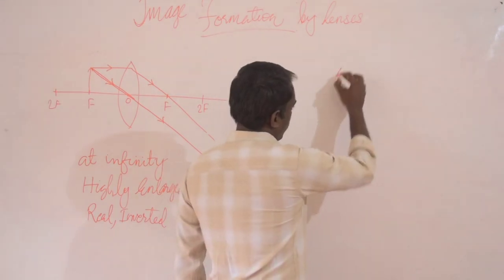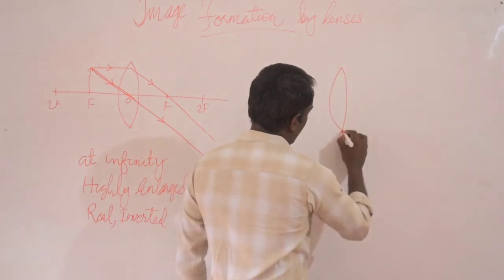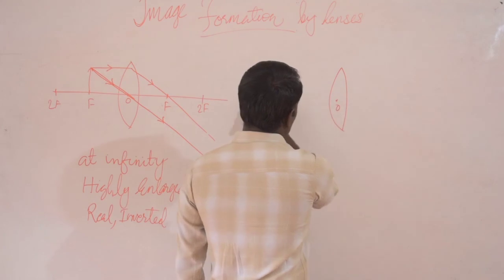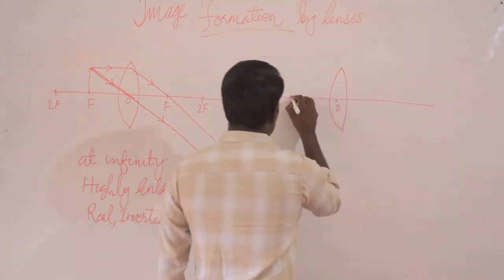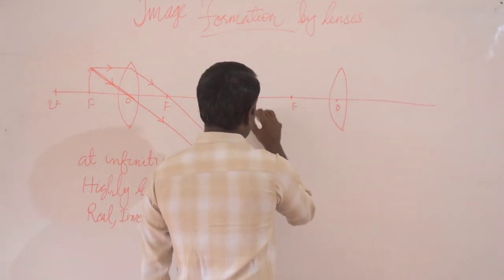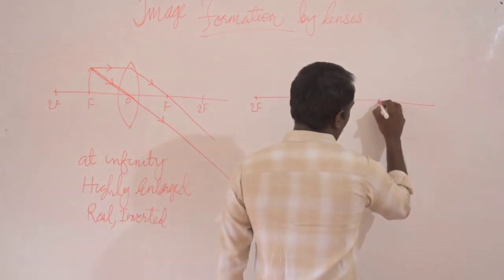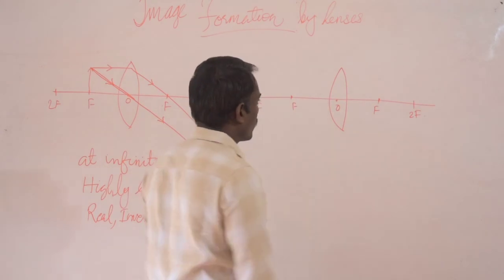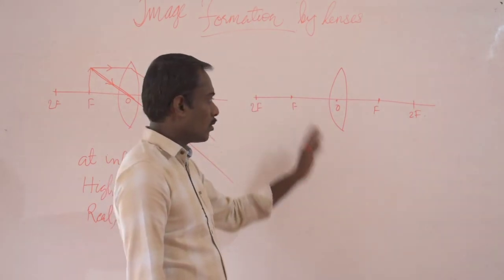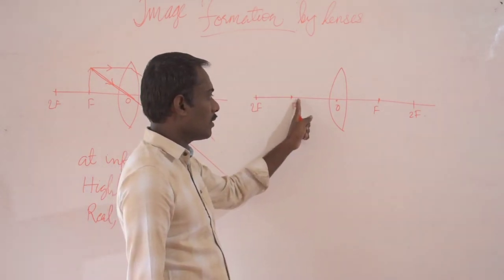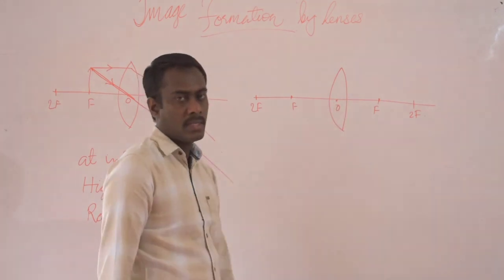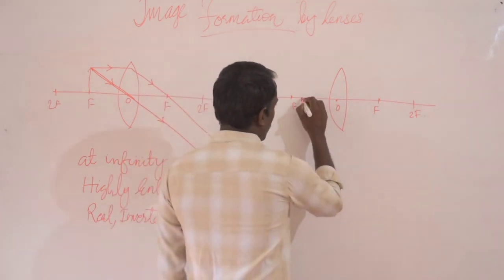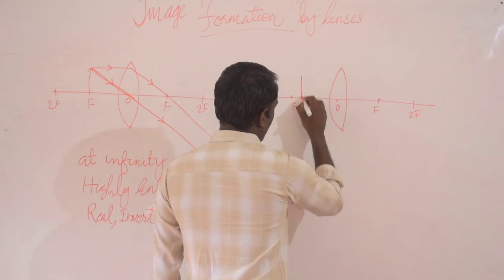Another case. Now the position of the object is in between F and the optical center of the lens. This is the position of the object.